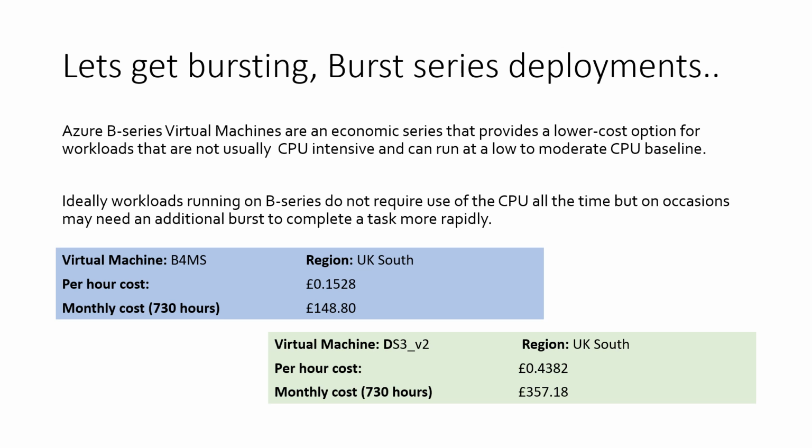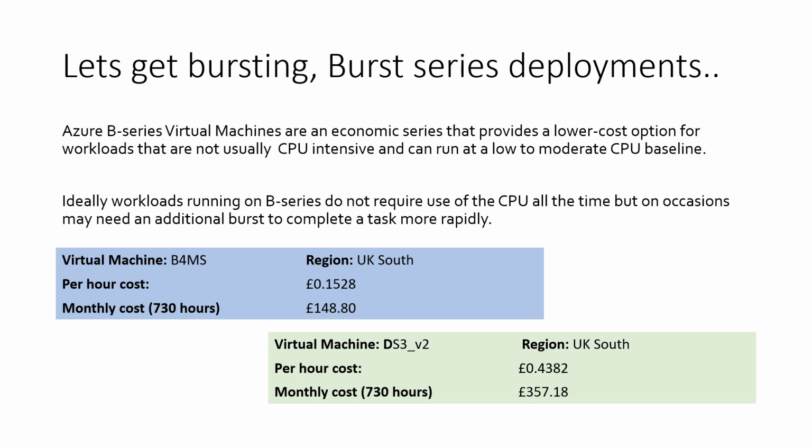Be careful. Not all workloads can be converted directly to a B series deployment without careful consideration into how your application and environment runs. You really do need to strike a balance between the cost and CPU consumption. So the cost of the virtual machine against the CPU consumption.